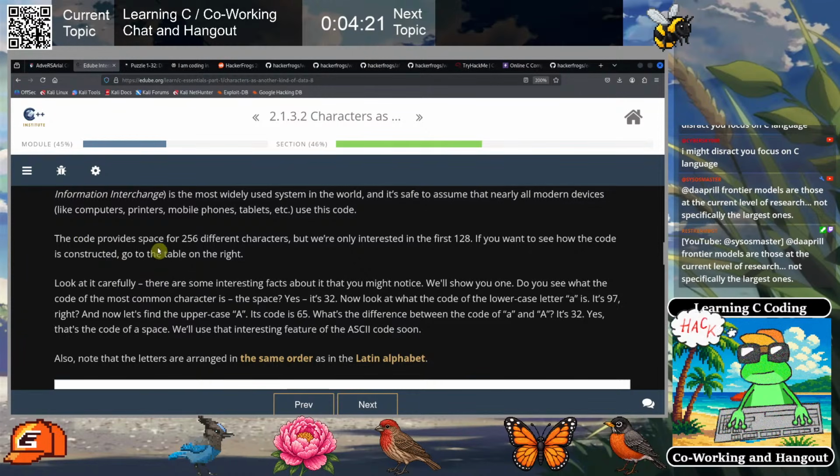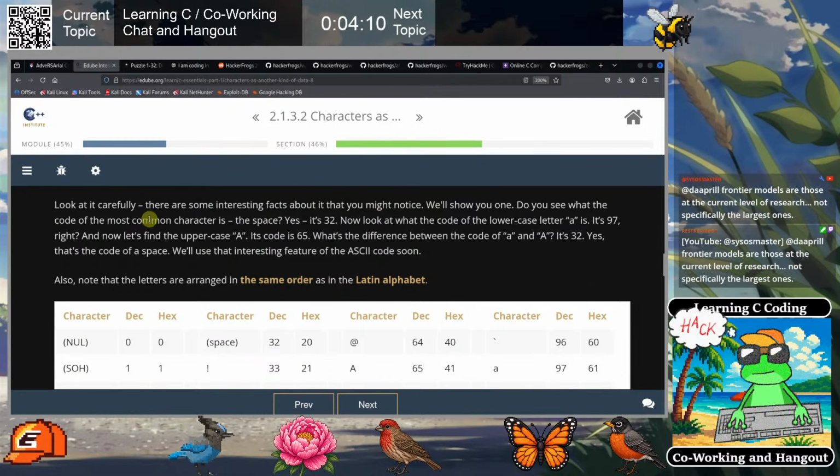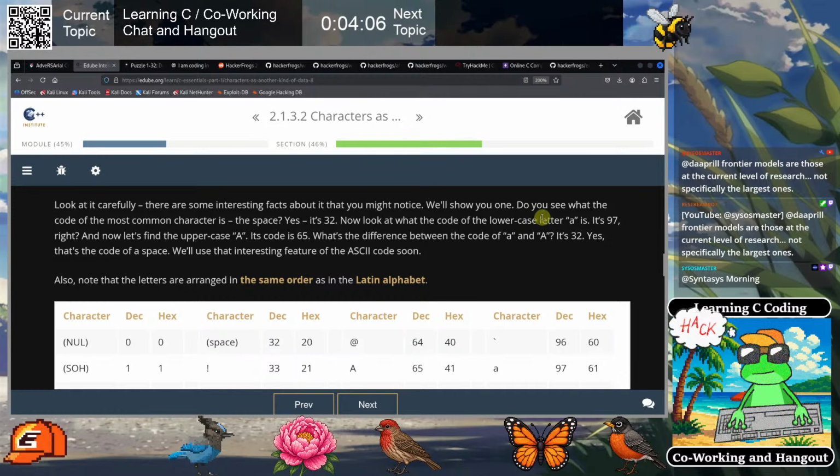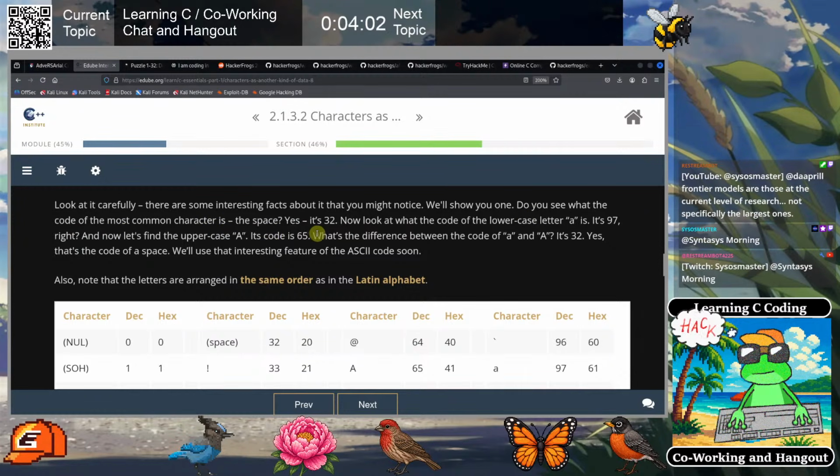The code provides space for 256 different characters, but we're only interested in the first 128. If you want to see how the code is constructed, go to the table on the right. Look at it carefully. There are some interesting facts that you might notice. We'll show you one. Do you see what the code of the most common character is? The space. Yes, it's 32. Now look at what the code of the lowercase a is.